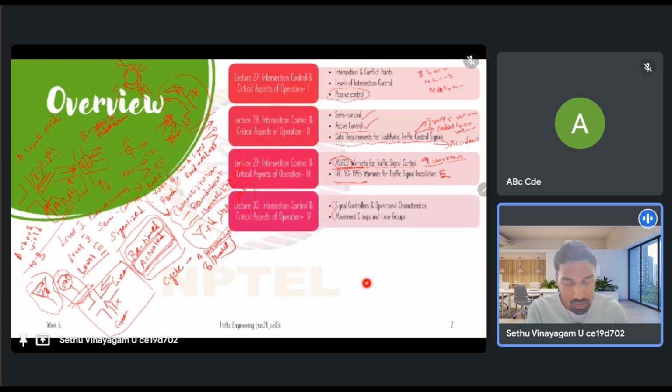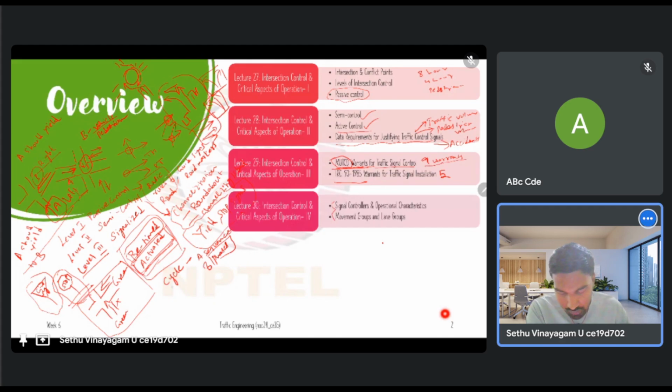This is called a particular phase, right? And then once this finishes, we may allow the north through movement, or north through movement along with maybe left turning, or just turning movements alone. Which means one particular set of movements which happens separately. That is called a phase.